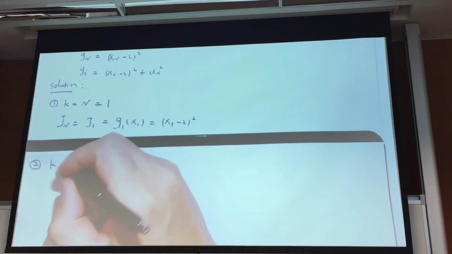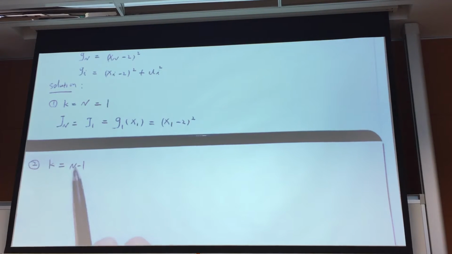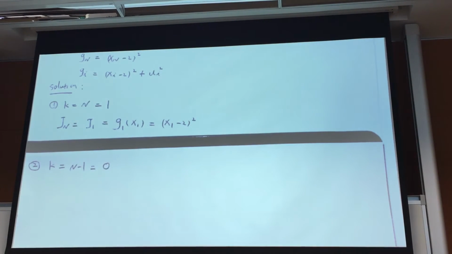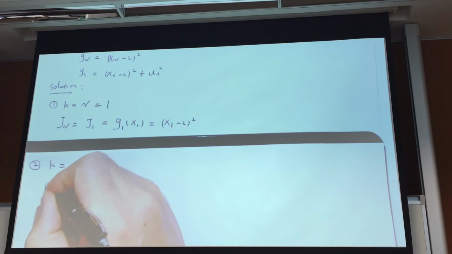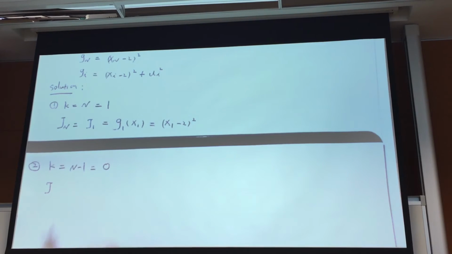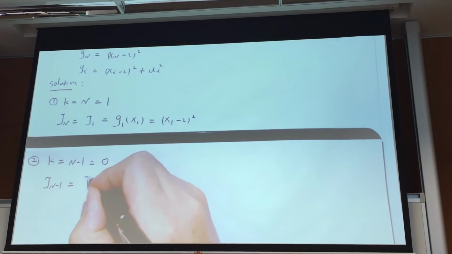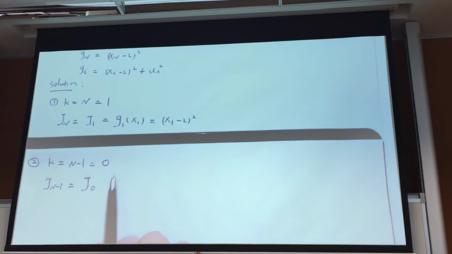The previous state will be k equal to n minus 1. Since n equal to 1, this equals 0. So we have Jk, where k equal to n minus 1, which equals J0.